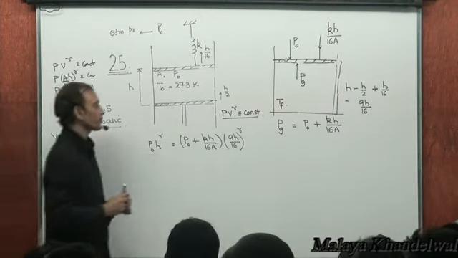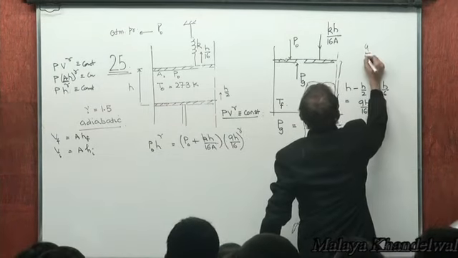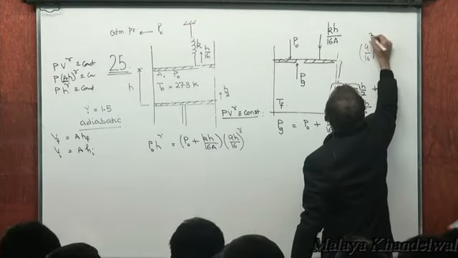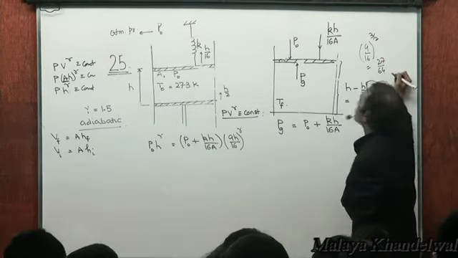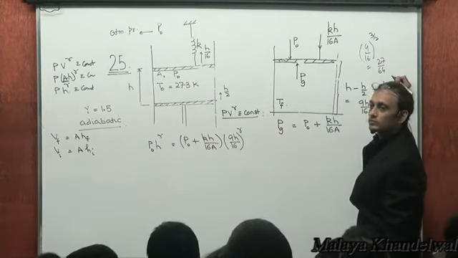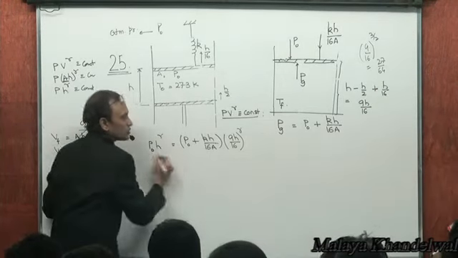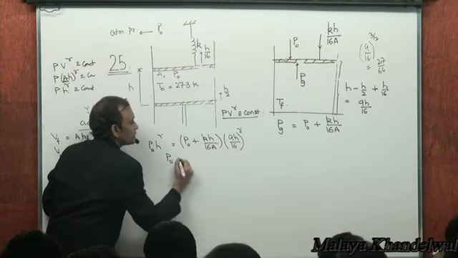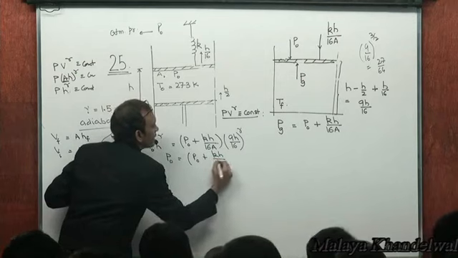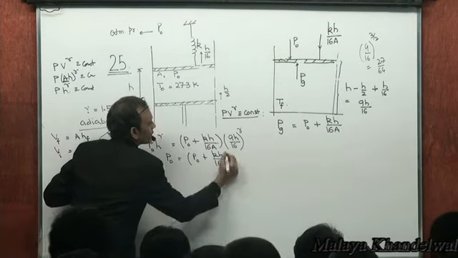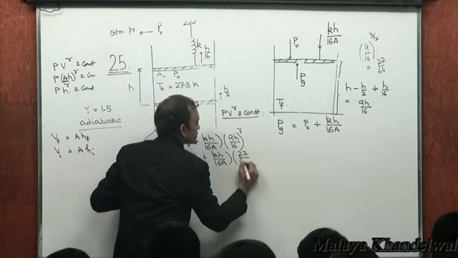Now gamma is 1.5, so 9 by 16 to power 1.5 means 3 by 2 power 3, that makes it 27 by 64. So h to power gamma gets cancelled, and P naught equals P naught plus kh by 16a, into 27 by 64.